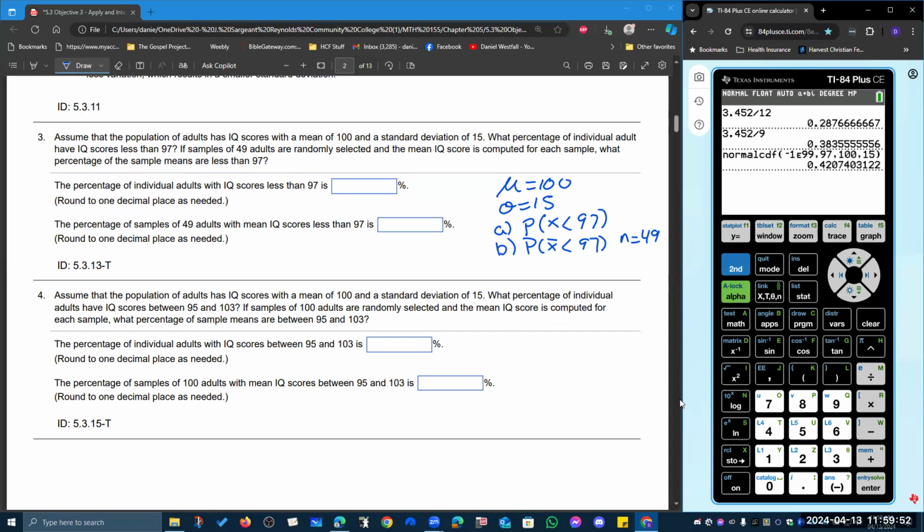And this is going to tell us our answer for part A, 42.1%. We'll go to the nearest tenth of a percent. If you're having trouble seeing that as a percentage, multiply that number times 100, round to the nearest tenth.